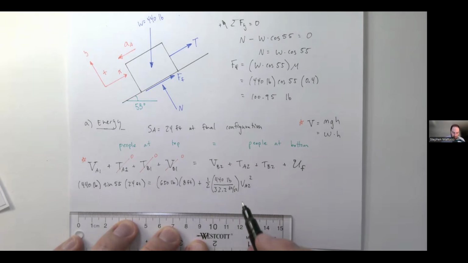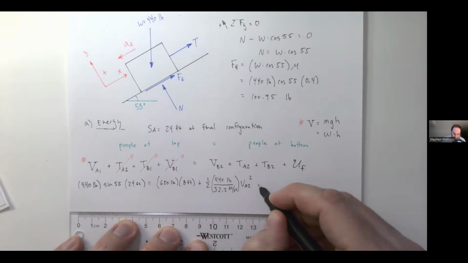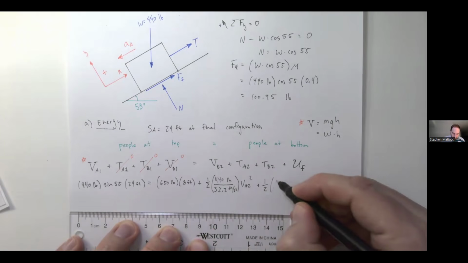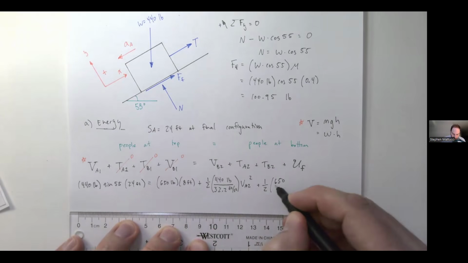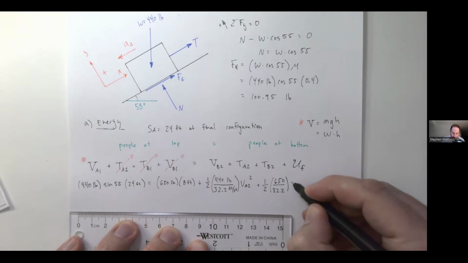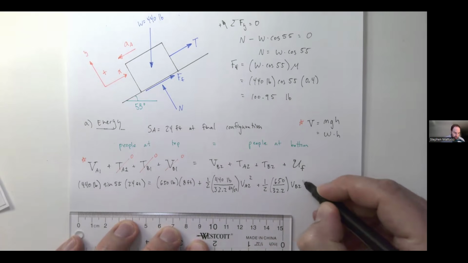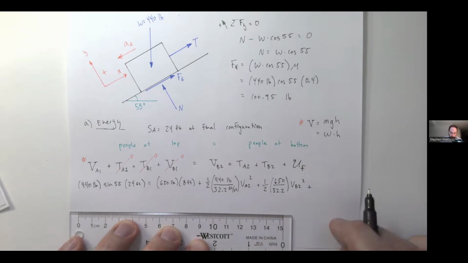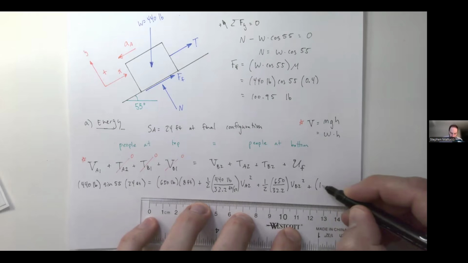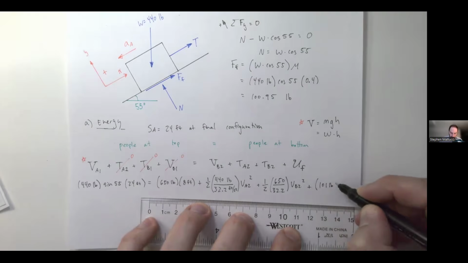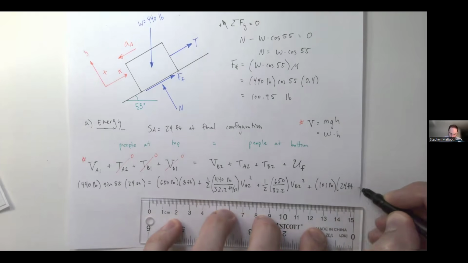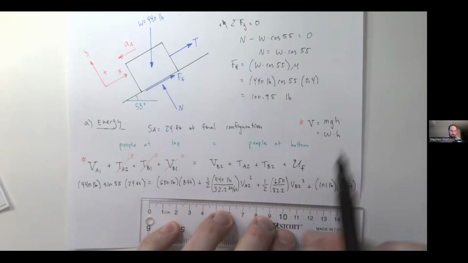And we have some final velocity squared. Plus 1/2. Same thing with the bones, 650 pounds divided by 32.2 VB squared. Plus our friction force, which we already calculated. Just going to round up to 101 pounds. Times 24 feet.